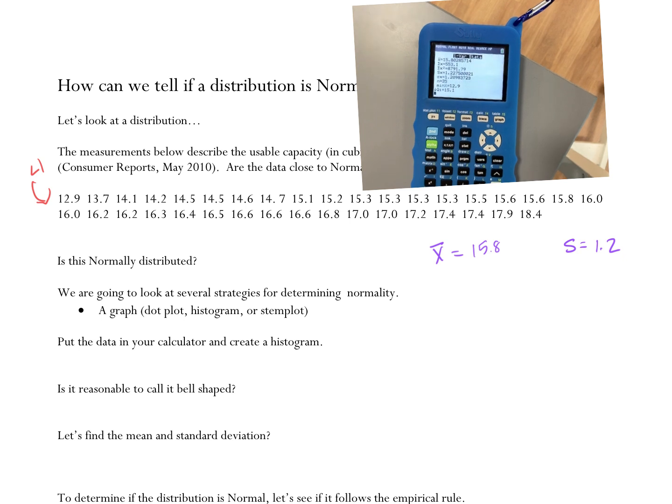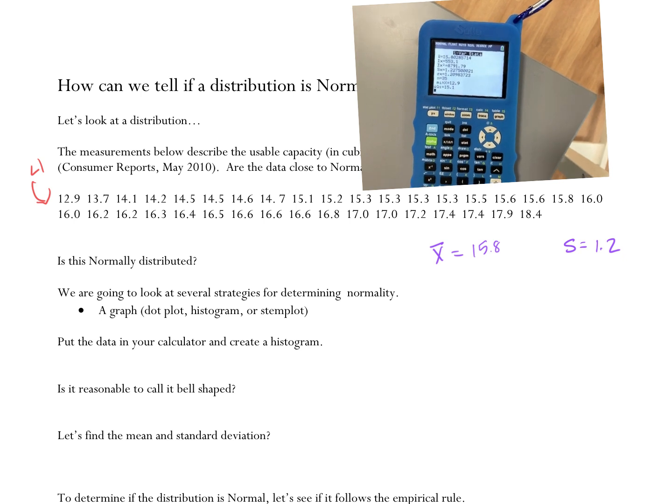Yes. All right. So you guys remember yesterday, we did that 68, 95, 99.7 rule, right? That was 3.8. We've been doing that for a couple of days now, right? So are you with me? Can we figure out what are the two numbers that are one standard deviation away from the mean?